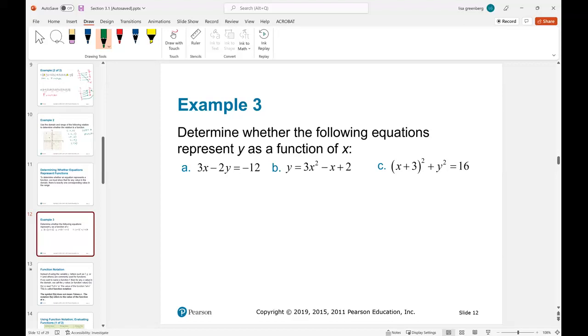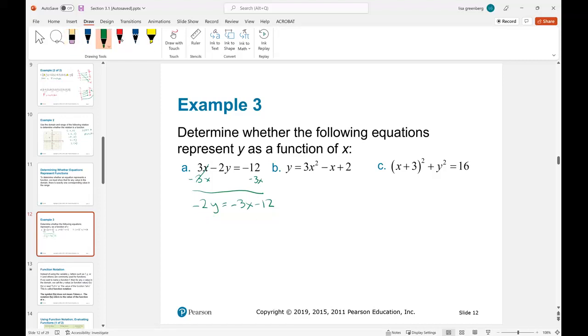Okay, so if I solve this first one for y, I'm going to subtract 3x from both sides. And I get -2y equals -3x minus 12. I'm trying to solve for y, so I'm going to leave that there.